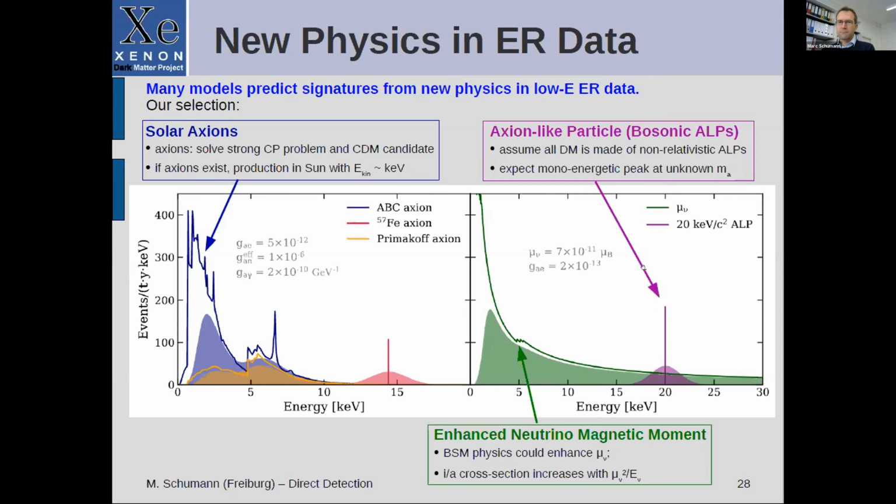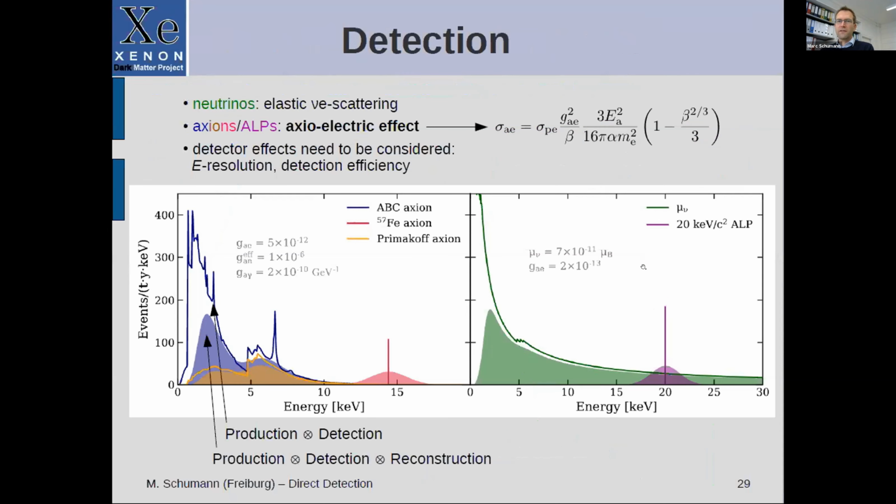If you want to look for new physics in this low energy data, you first need to detect these kind of effects. For neutrinos, of course, it's just elastic neutrino-electron scattering. For axions and ALPs, you assume the axioelectric effect, which is basically an analogue to the photoelectric effect. You just replace the photon by an axion.